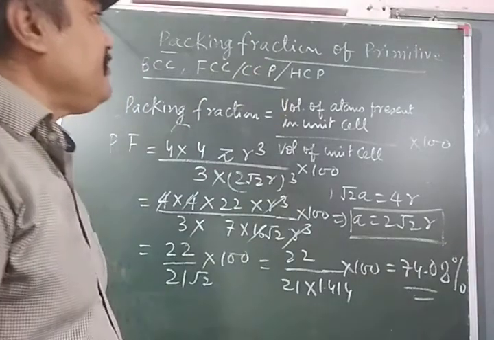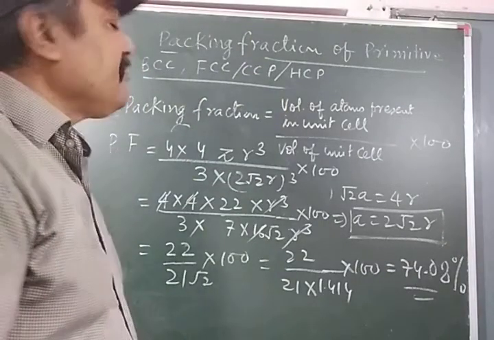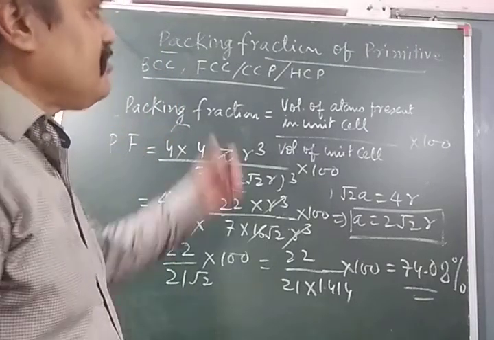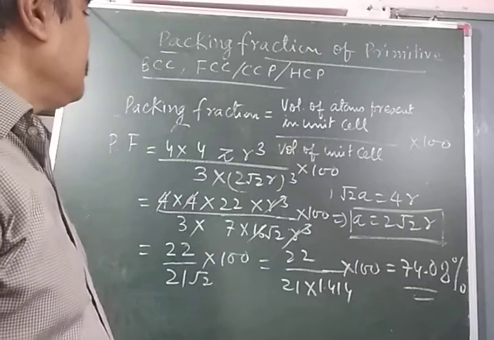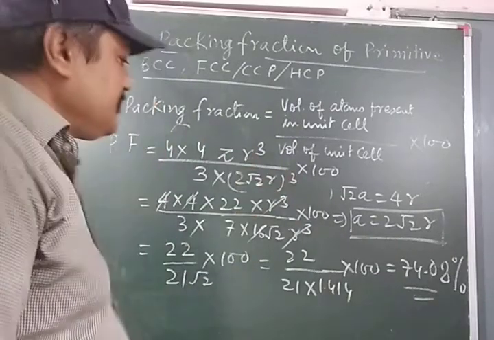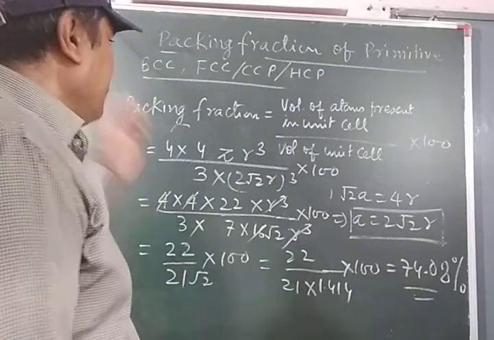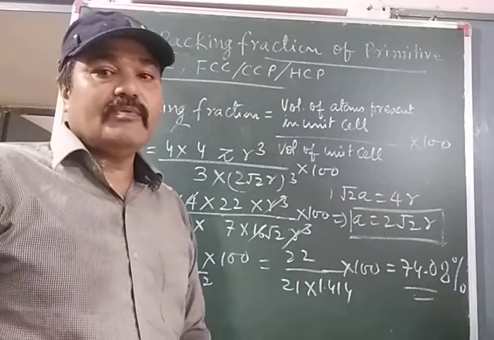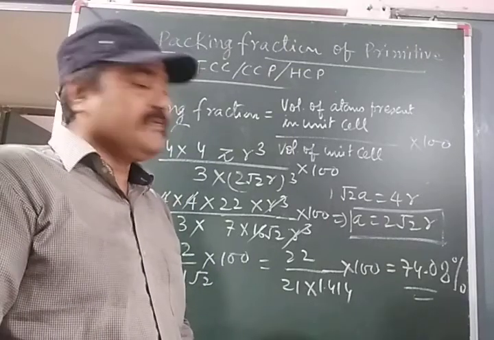For primitive unit cell the packing fraction is 52.4%, and for BCC it is 68%, and for FCC, CCP and SCP this is 74.08%. Okay.